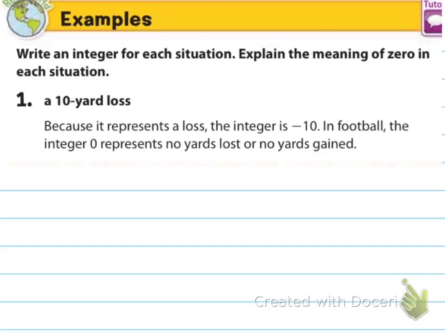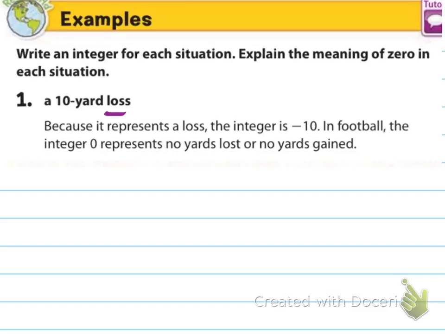Alright, so example number 1 says write an integer for each situation. Explain the meaning of 0 in each situation. So a 10-yard loss. Because it represents a loss, that keyword loss, the integer is going to be -10. In football, the integer 0 represents no yards lost or no yards gained.